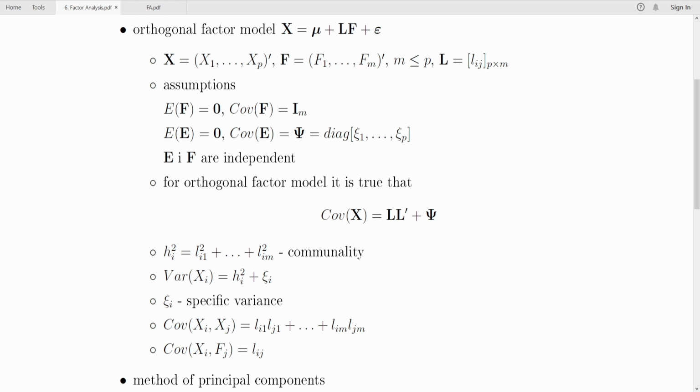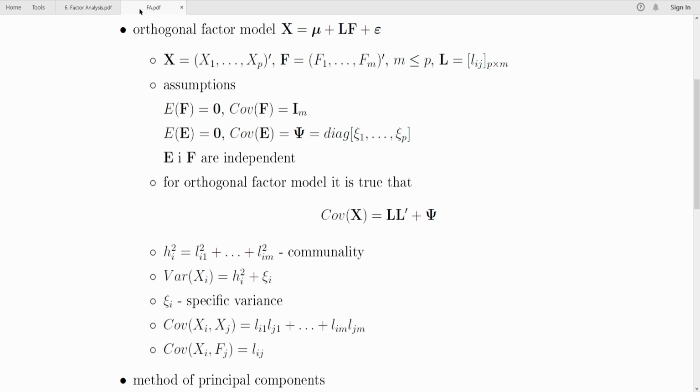So we are somehow finding a way to approximate the covariance matrix sigma of our random vector x. However, we are here trying to use some random variables that are actually not observable, and those random variables we call factors. Consider, for example, this model.